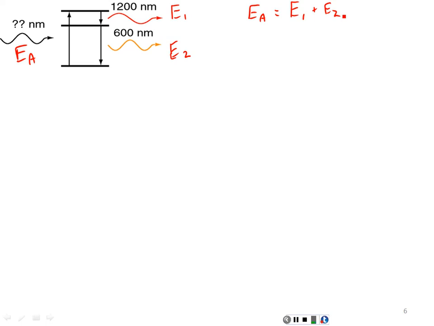Then, if you recall Planck's equation, energy equals Planck's constant times frequency. But the photons we're given are in wavelength in nanometers. So we can either convert nanometers into frequency, or we can rewrite Planck's equation. Planck's equation in terms of wavelength is hc over wavelength. So now we can solve for energy 1 and energy 2.